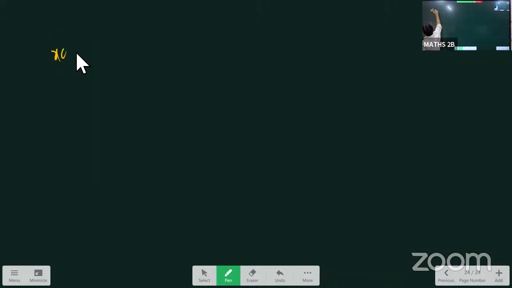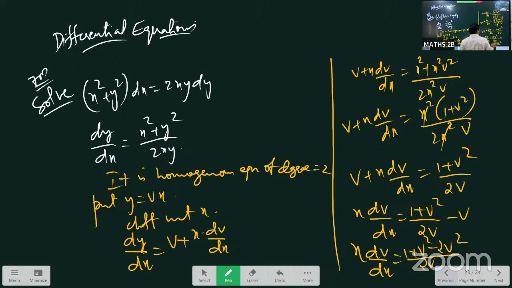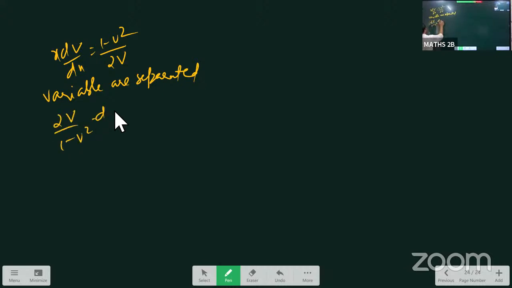So x dv by dx equal to (1 minus v square) by 2v. Now variables are separated. Variables are separated means all v variables to one side with dv and all x variables to one side with dx. Is it clear? So that is 2v by (1 minus v square) dv, and this is 1 by x dx.